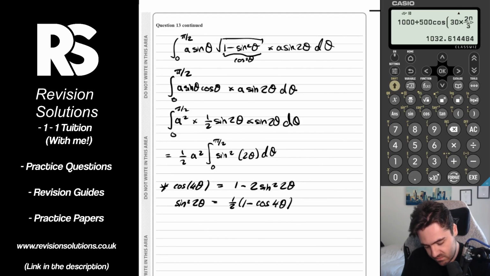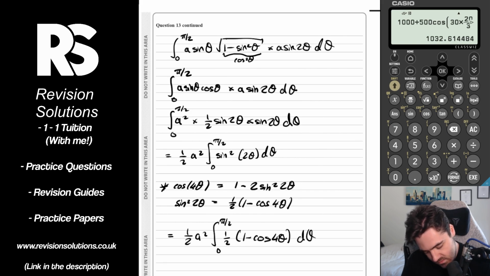So we can do the integral of that instead of the sine squared. So then our answer, our integral, is a half a squared times the integral from 0 to pi on 2 of a half 1 minus cos 4 theta d theta.